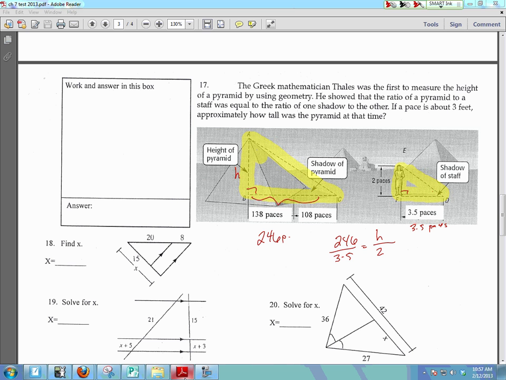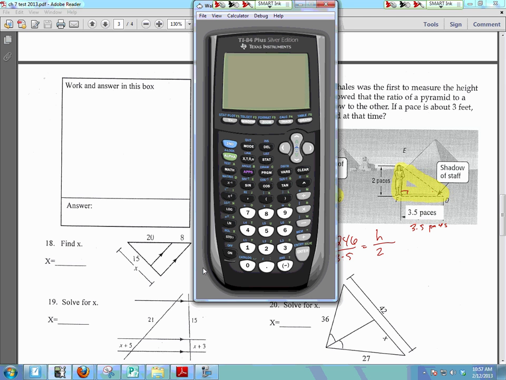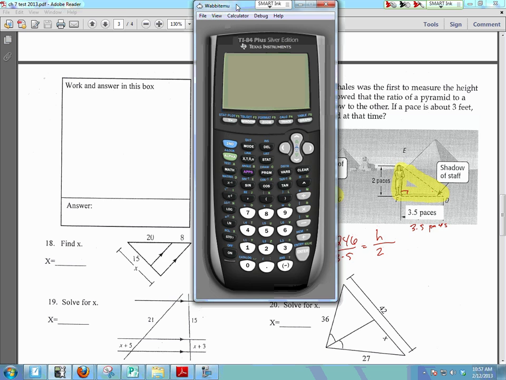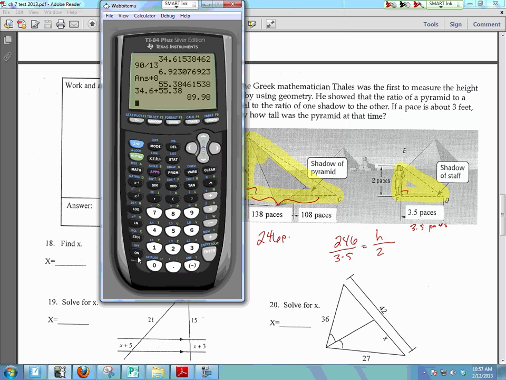If you start to cross multiply, let me turn this ink off, you get 246 times 2, and then we divide that by 3.5. And it gives you 140.